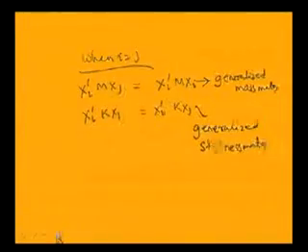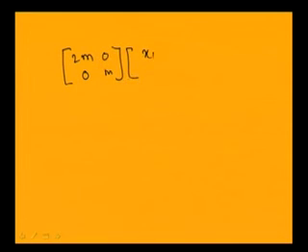So, let us take one example. Let us take a system where the mass matrix is [2m 0; 0 m]. The equation of motion is written in this form: [2m 0; 0 m] [x1 double dot; x2 double dot] plus [3k -k; -k k] [x1; x2] equal to [0; 0].